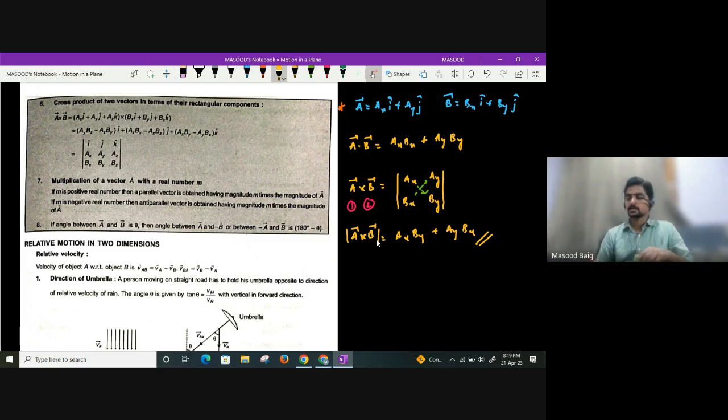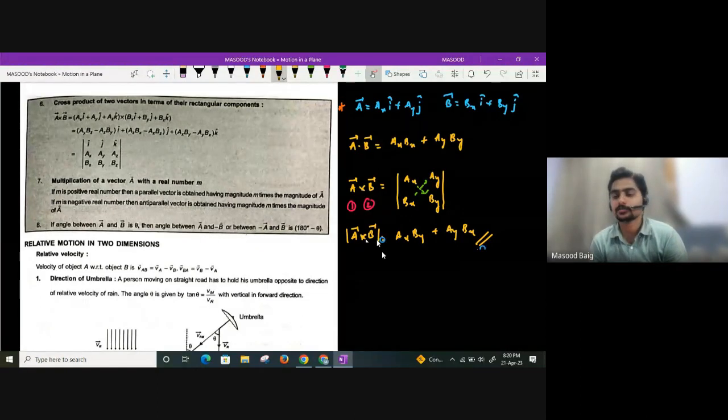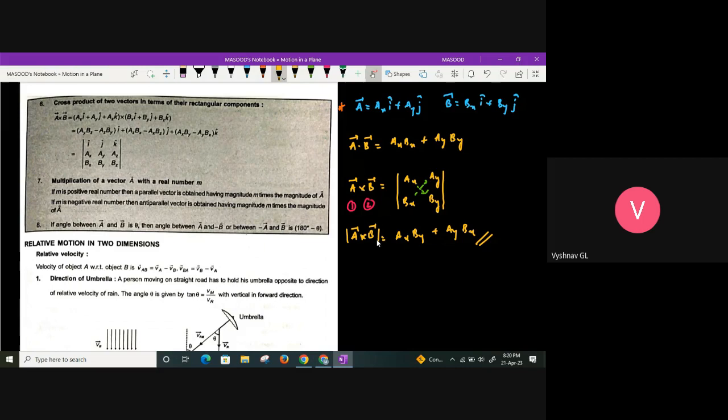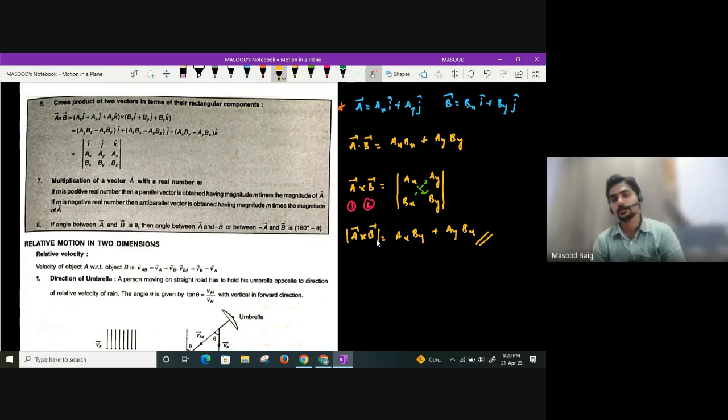So I have taken vectors in a plane. Let us see how to perform cross product when vectors are taken in space, guys. How many components will a vector have in space? Infinite components, but how many perpendicular components? 3.